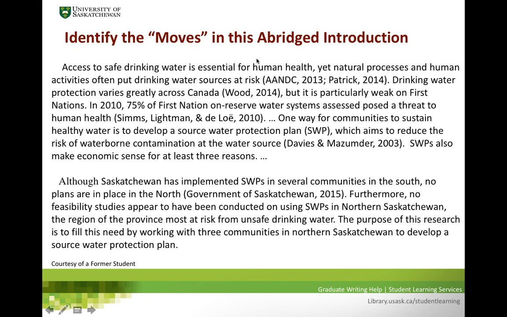So all of this, of course, is establishing a research territory, identifying the problem and synthesizing the research. Then in the next paragraph, you'll see that she identifies the niche. She does that right here, saying there are no source water plans in the north, and no feasibility studies.